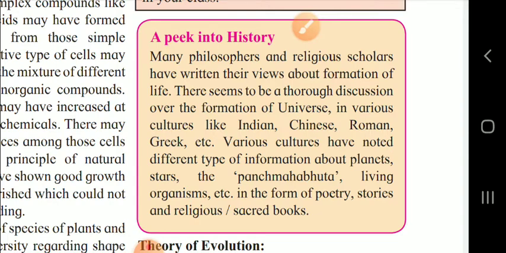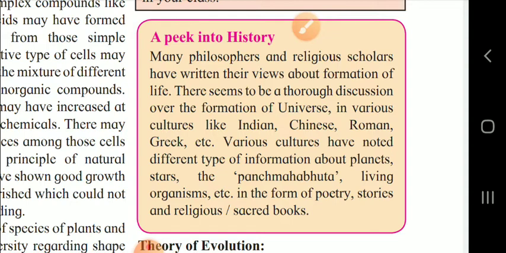In various cultures like Indian, Chinese, Roman, Greek, etc., different information has been noted about the planets and stars as well as Panch Mahabhutas. Panch Mahabhutas mean the five elements from which our body is formed. That you have already seen.